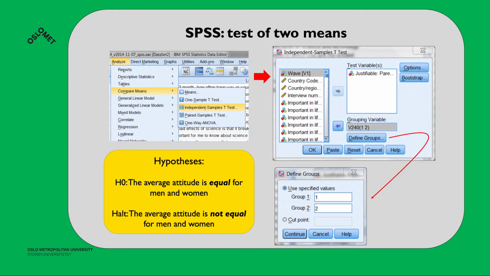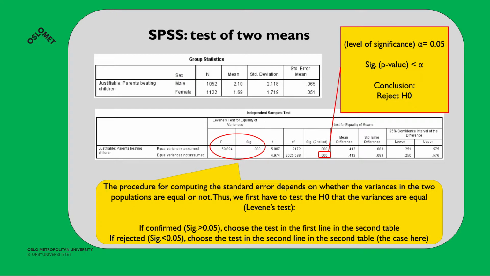And then we test the hypothesis where the null hypothesis is that the average attitude is equal for men and women, and the alternative hypothesis is that the average attitude is not equal for men and women. And then we get this result.